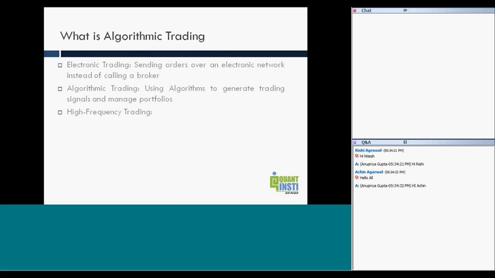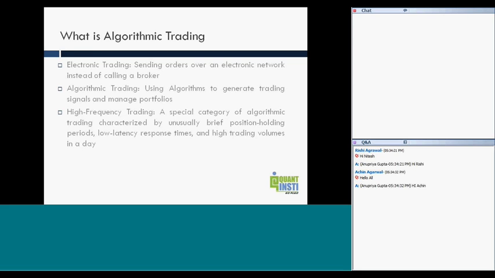Now within algorithmic trading there is a further subset called high frequency trading. A lot of people confuse algorithmic trading with high frequency trading, while the truth is that high frequency trading is definitely a part of algorithmic trading, but it's not what algorithmic trading means as such. High frequency trading is a special category of algorithmic trading in which your holding period of a trade is very small.